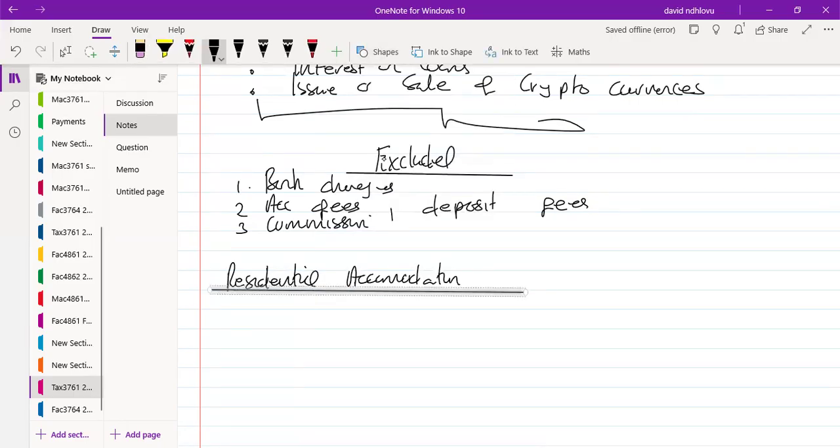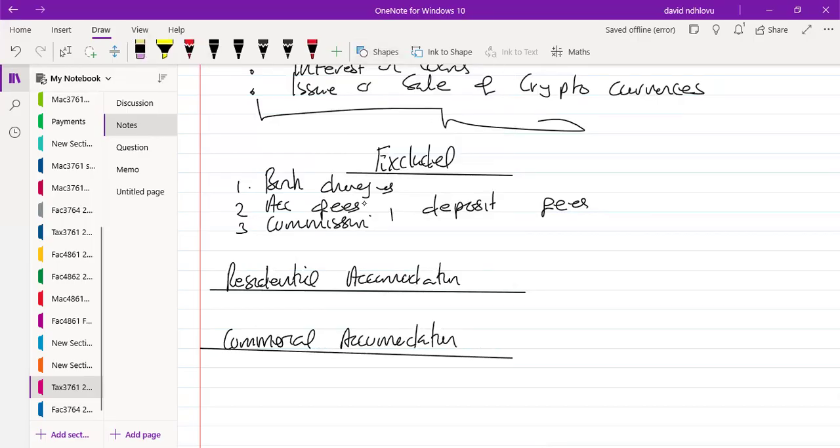But in the process of discussing residential accommodation, let's look at commercial accommodation again. How is VAT levied? Commercial accommodation normally attracts VAT, but we have to make adjustments as follows.